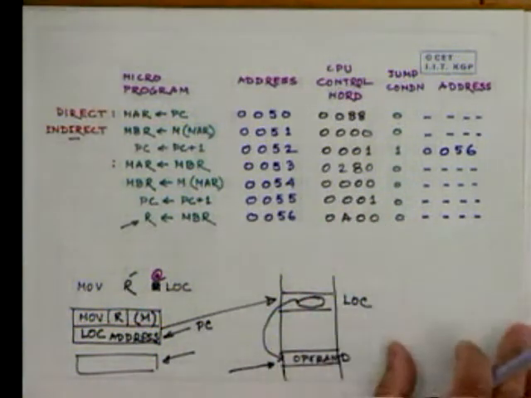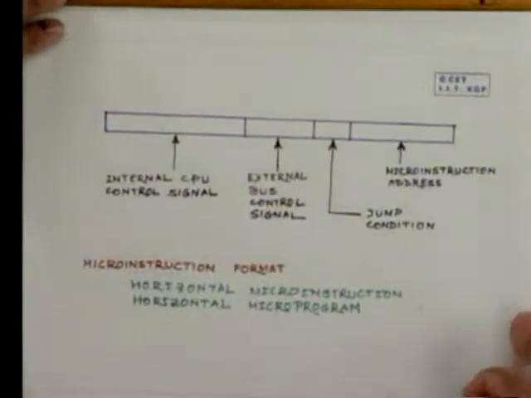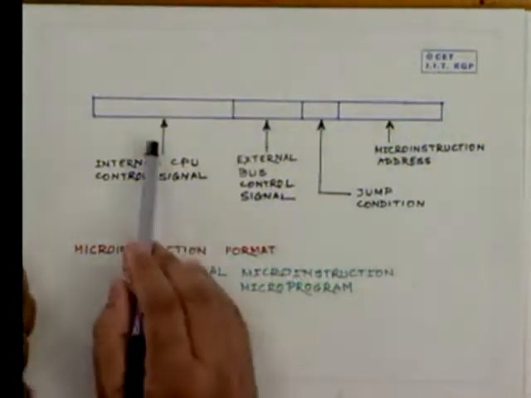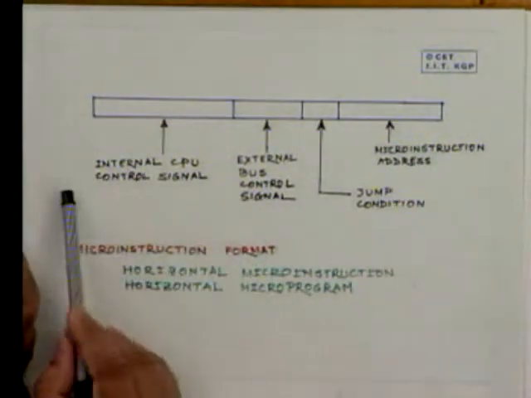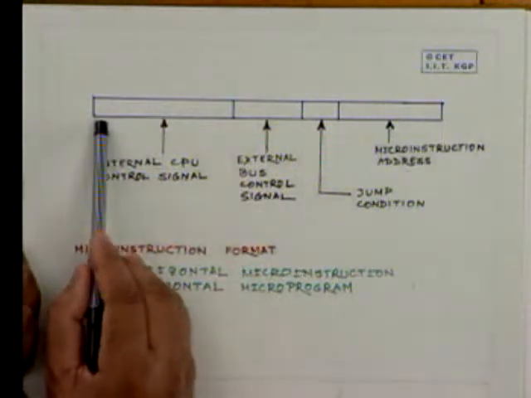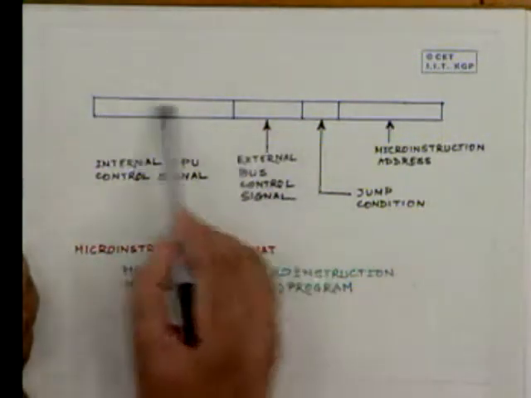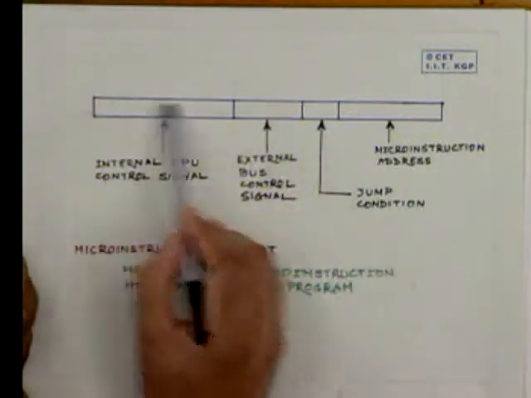Now, let's see what the general nature of a micro instruction format will be. Here it will be the internal CPU control signals, from here to here, the control signals.